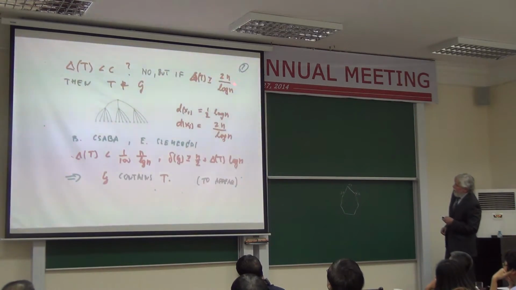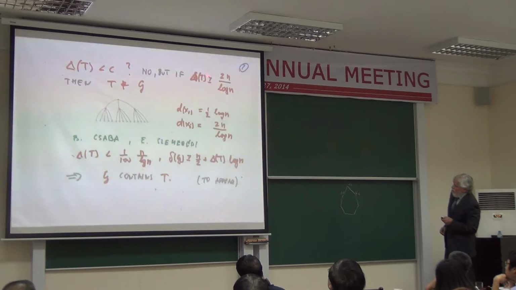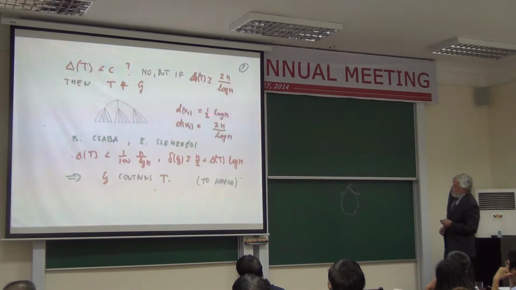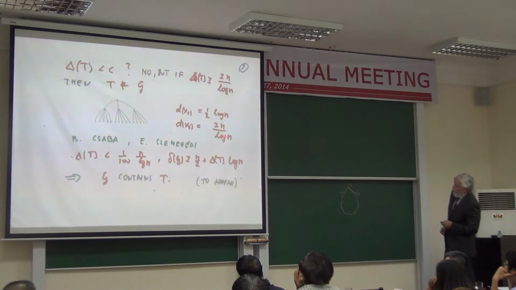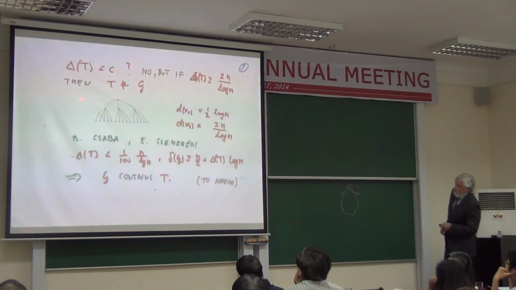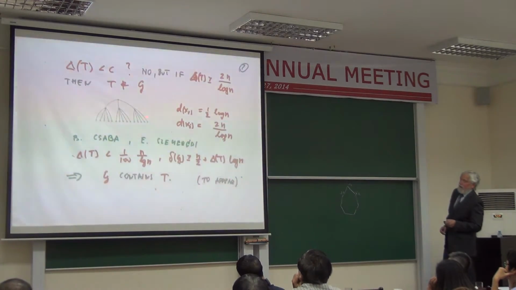But look what happens if the maximum degree of the tree is bigger than 2 times n over log n. The root has degree 1/2 times n over log n, and of course all these points have degree 2n over log n, then this T cannot be embedded in a graph even if the minimum degree is 9 over 10 times n, much more than 1/2 times n.